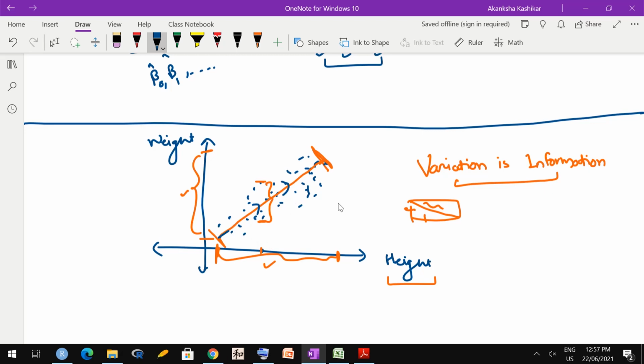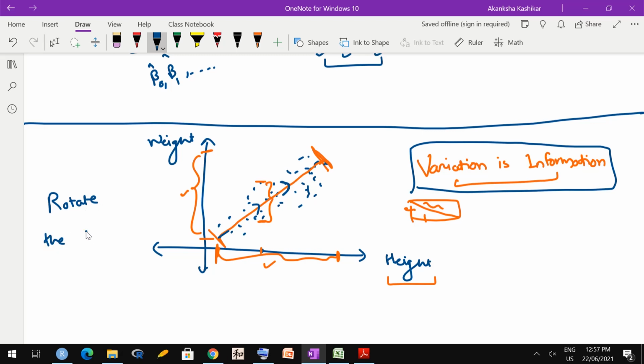Okay, so by looking at this principle, I can say the variable which would be in this direction would be most informative. Okay, hence we will say that this is most informative variable and this is exactly what principal component analysis tries to do. So it tries to rotate the original coordinate system.